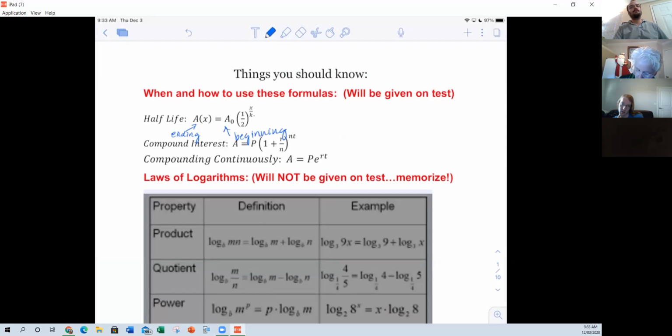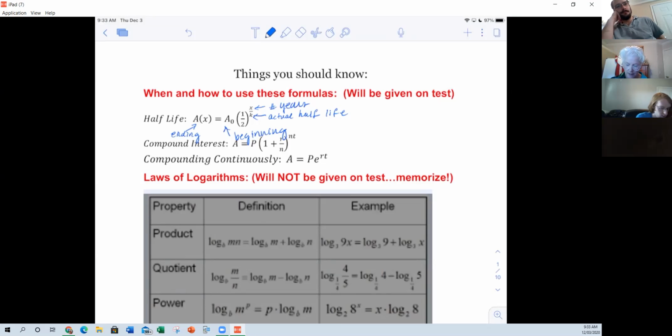The bottom number in the exponent is the half-life that's given in the problem. It's the actual half-life. And the top number is the number of years that's given in the problem. We'll go through that. It's usually years. It might be something different, but it usually is the time.